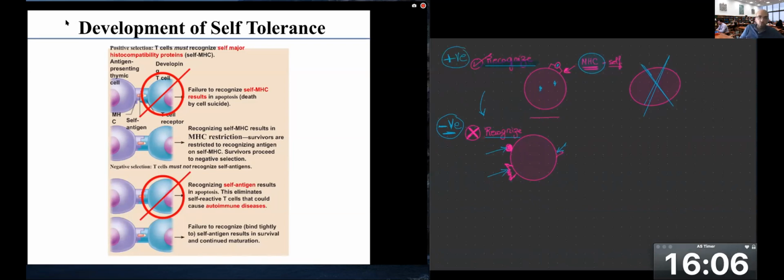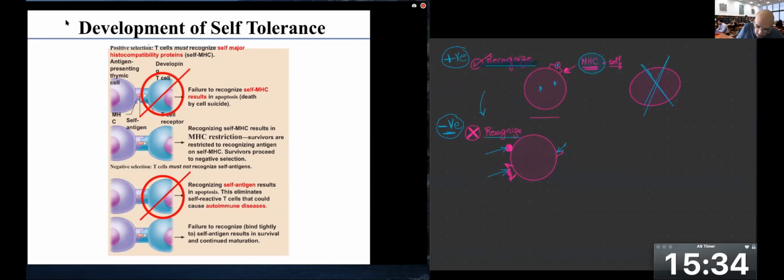It's a positive selection. So we have two selection processes that the B and T lymphocytes are going to pass through in order to become self-tolerant, so I can make them graduate from either the thymus gland or the bone marrow. In order for me to become self-tolerant, I'm passing through two selection processes.